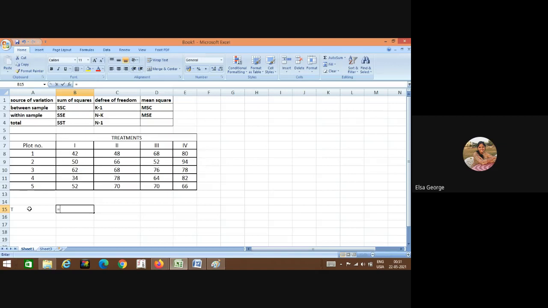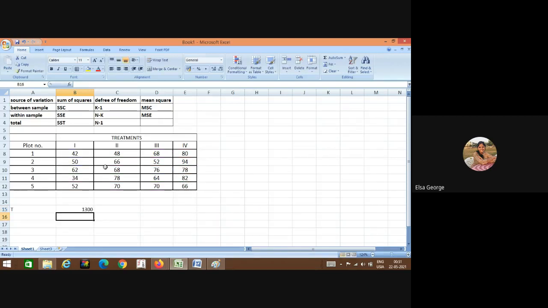T is equal to the first one plus the next one plus the next one, and so on.